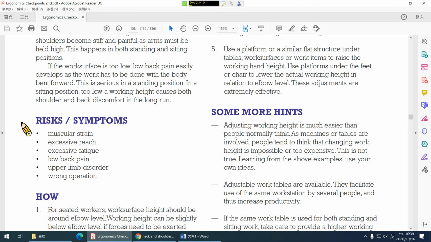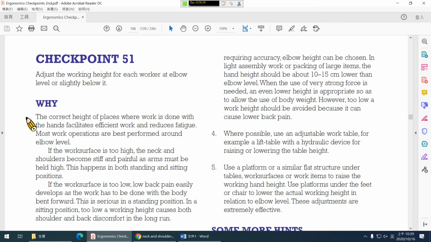When we say risk, we are saying it very conservatively. See that? We are not saying causal relationship. We are still saying it's risk. So, this is the checkpoint.